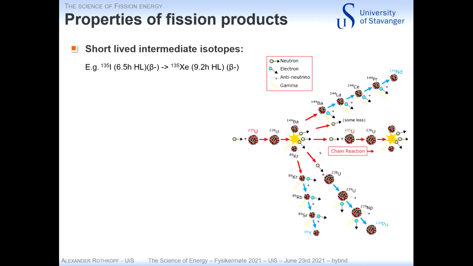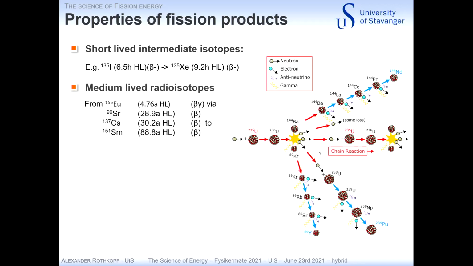And just to remind you, half-life is the concept that denotes the time it takes, starting with an initial amount of radioactive material, for half of that material to have decayed. Okay, so these are half-lives of hours. Then you have medium-lived isotopes, starting from europium with around 5 years of half-life to strontium and cesium-137 with around 30 years of half-life.